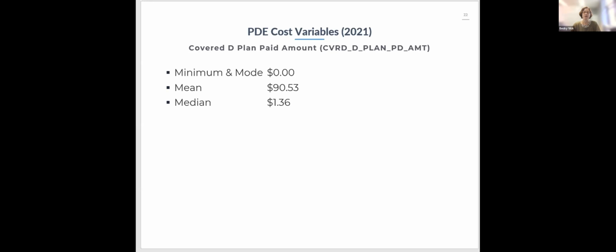The minimum and mode is 0, and those are driven by beneficiaries that are still in their deductible phase. But the mean is $90 and the median $1.36. Again, you can see how those high cost drugs are really pulling that mean away from the median.